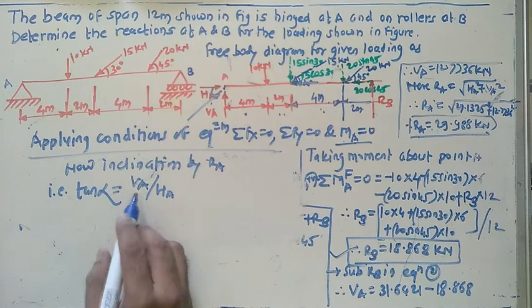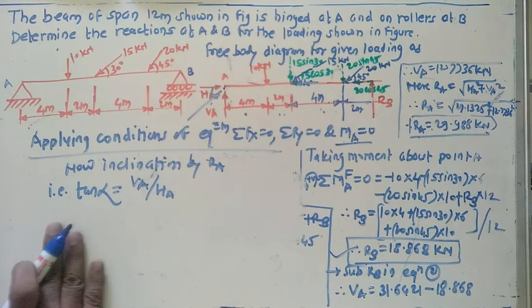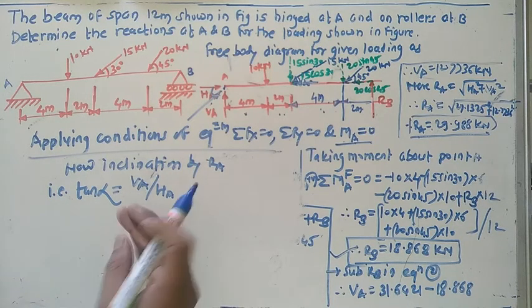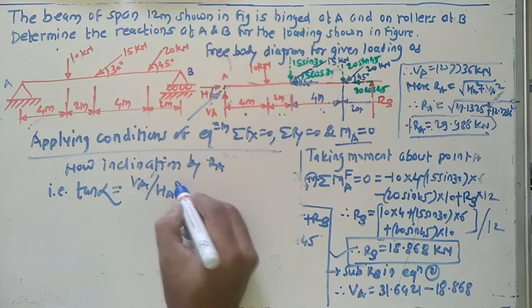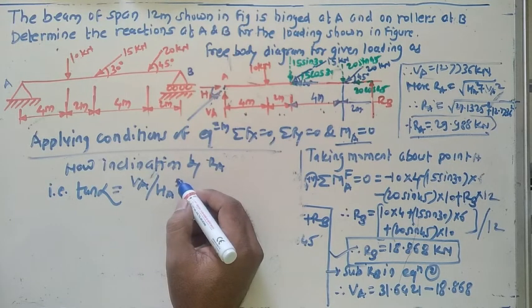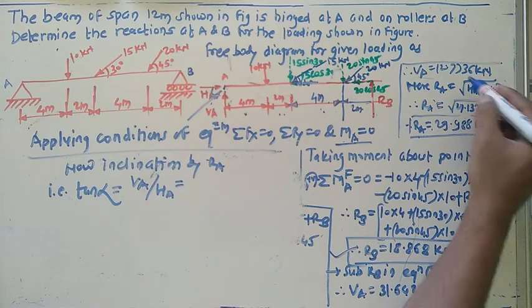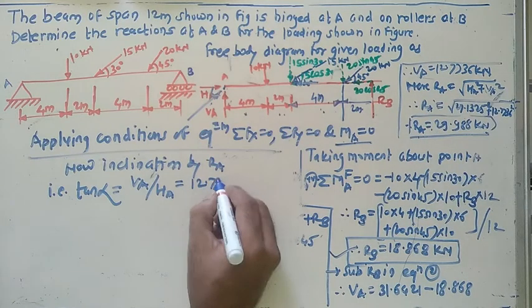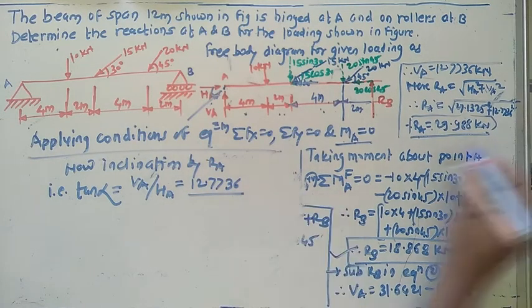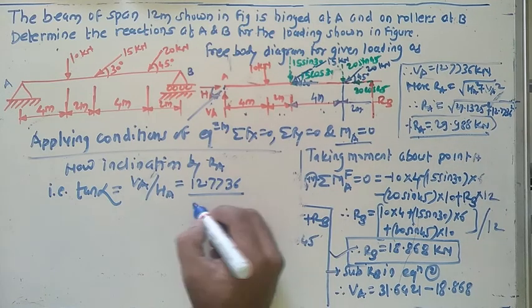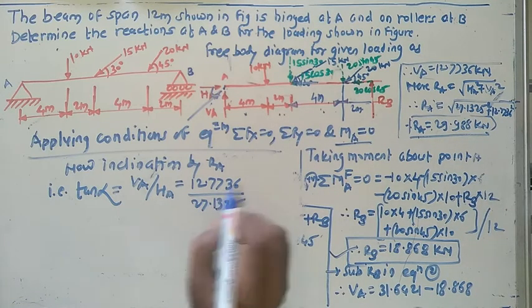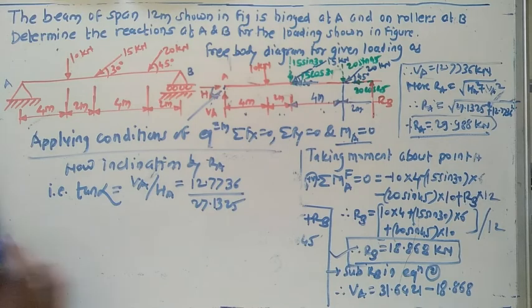We have seen this method of resolution earlier. So VA is 12.776 and HA is 37.25. Solve this and get the value for alpha.